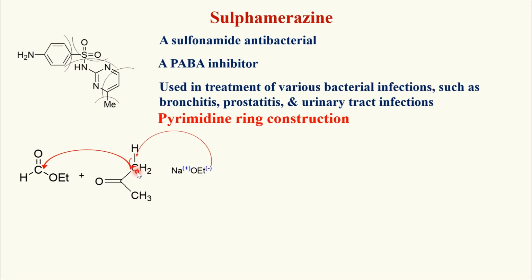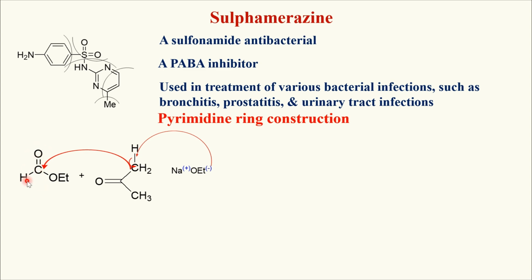To gain stability, it donates the excess electrons to this carbonyl carbon, which is an electron deficient center, the deficiency being due to the electronegativity of the adjacent oxygen attached to it.